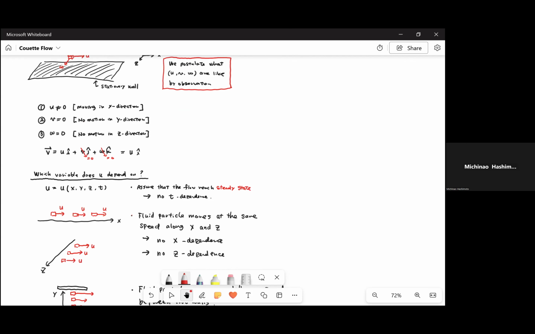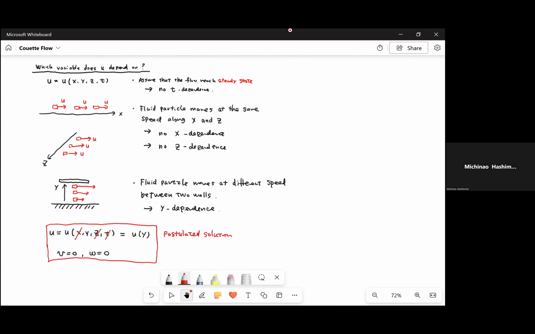This argument tells you that u only depends on the distance between these two walls, where it is located between those two walls. So u equals u of y, and in addition there is no y component flow and no z component flow, so v equals 0 and w equals 0. This is after doing the postulate.